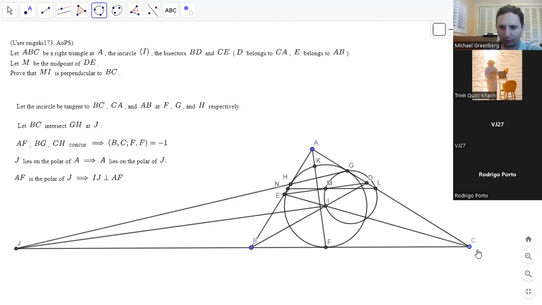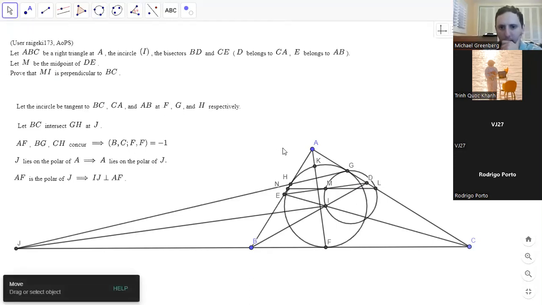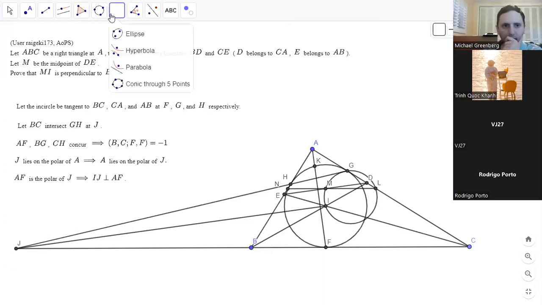We could try to show that, I'm thinking like AG times AL, but we need two lines. So maybe NM times NL. But what would the other line be? Let's try something.